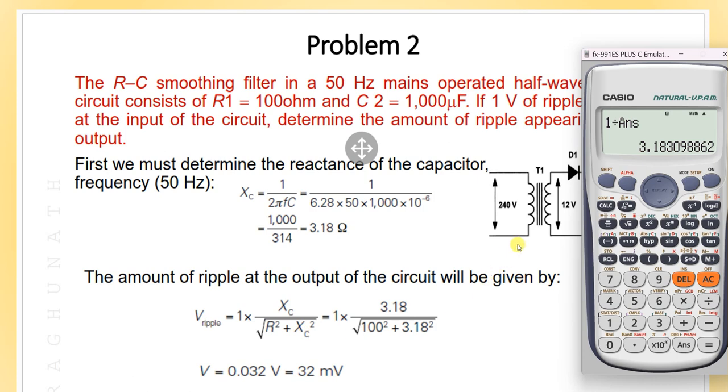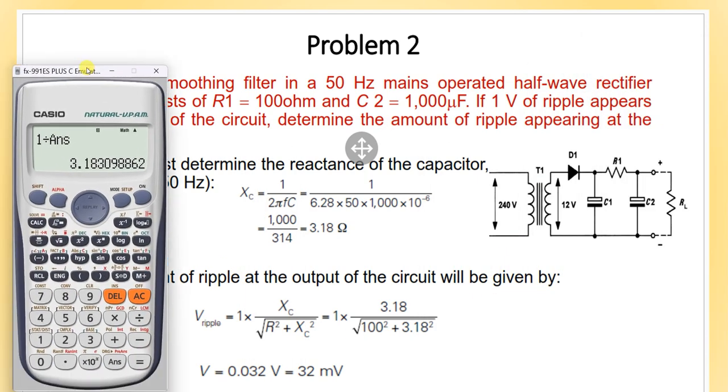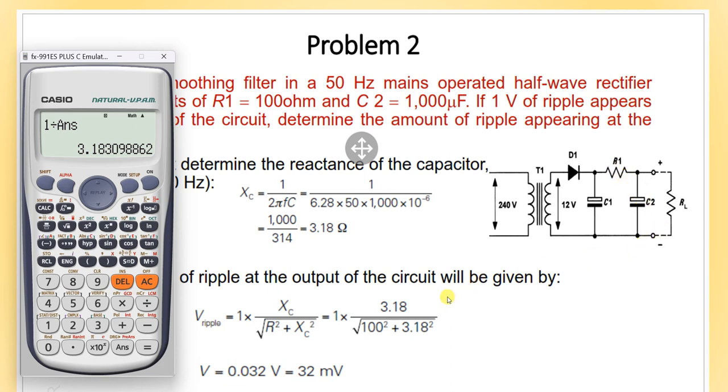After that, the RC network acts as a voltage divider. We can find out the portion of output voltage across the capacitor: voltage divided by magnitude. Magnitude is root of R square plus X square, into the voltage across this AC, because RL is parallel to C2. The reactance of C2 is 3.18.